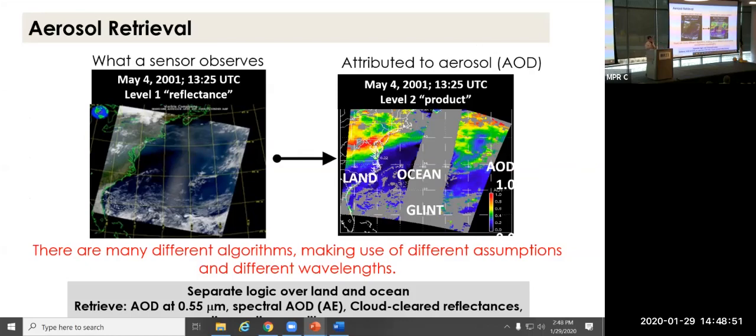Our job is to get optical depth. This is an image from 2001, related to a regular old garden variety summer pollution case, but we had really large optical depths and pretty low air quality over the DC area. And so that's what we're after.